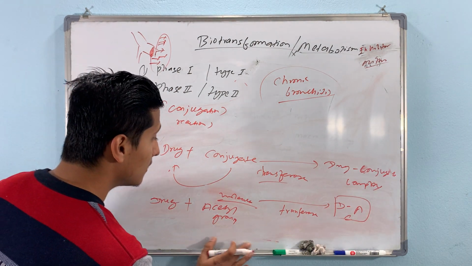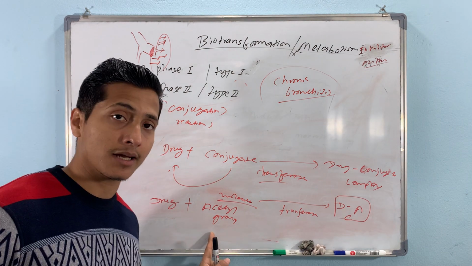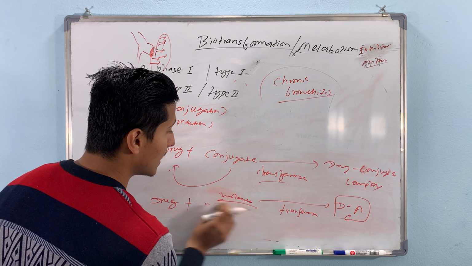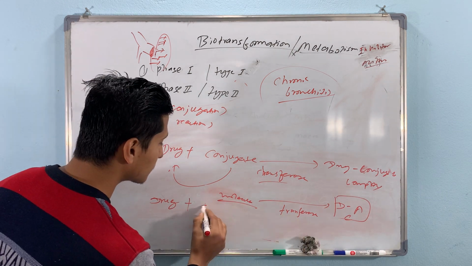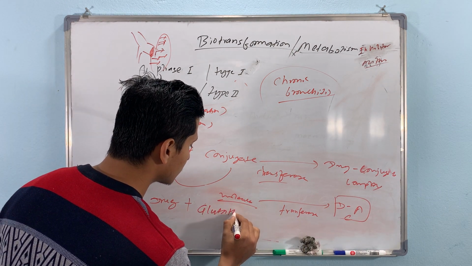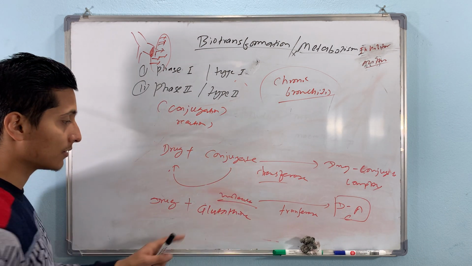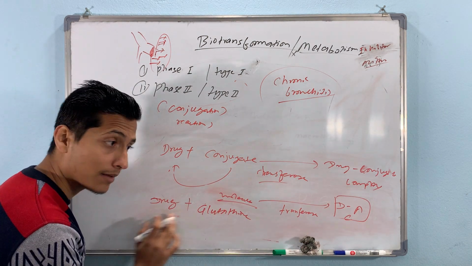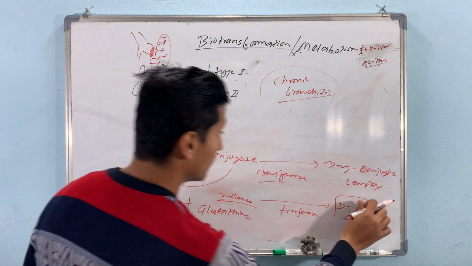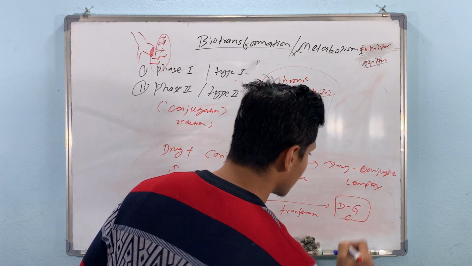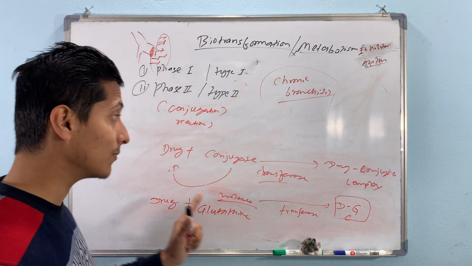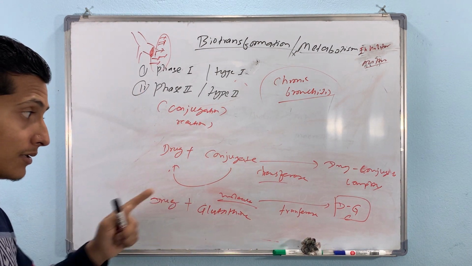This type of conjugation is the acetyl conjugation reaction. Now there's another type of conjugation reaction that involves glutathione. If the conjugate is glutathione, then the glutathione is transferred onto the drug by the help of transferase enzyme, and the new complex formed is a drug glutathione complex. This is the third type of conjugation reaction that we're going to study.